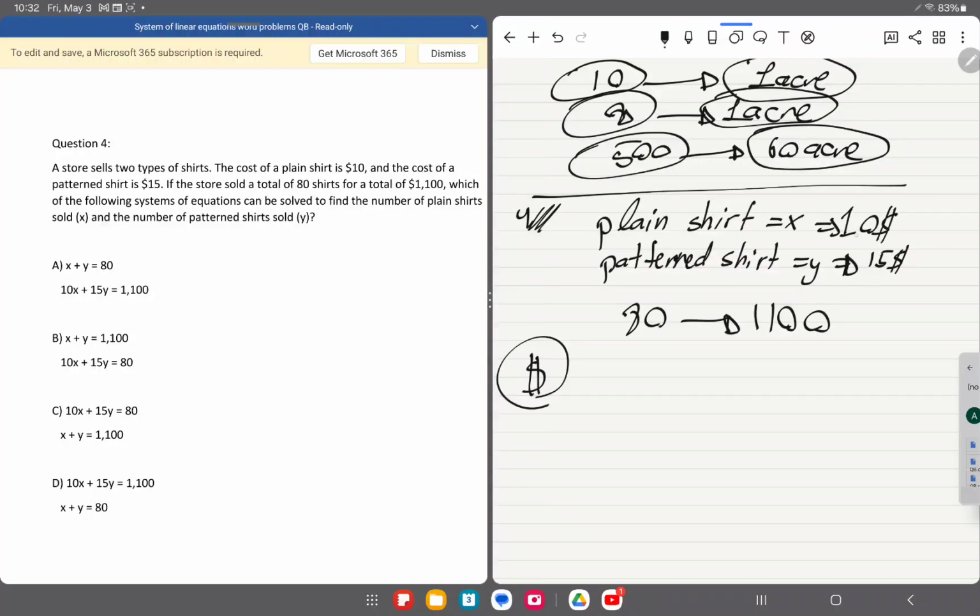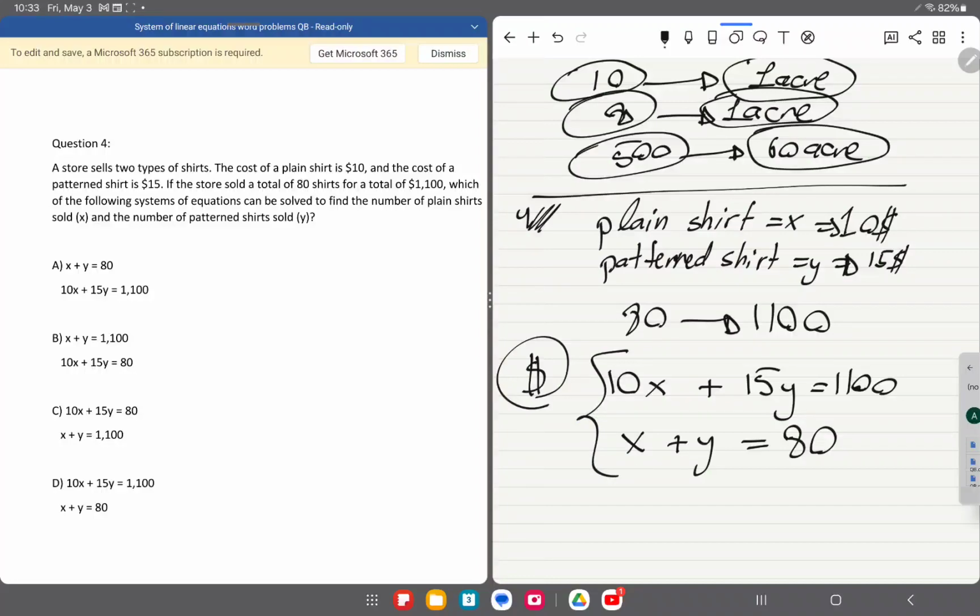So I've got 10x, $10 times the number of shirts, plus $15 times the number of the other type of shirts. I'm going to get 1100. Now, if I look at the number of shirts and the number of other shirts, they're going to be 80. So this is my system: 10x plus 15y, x plus y.